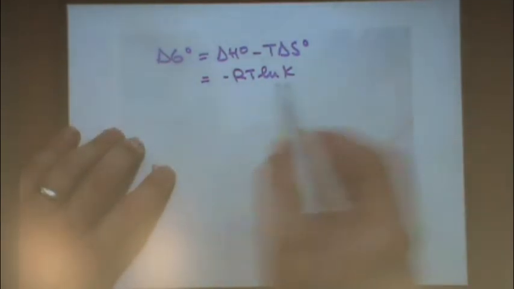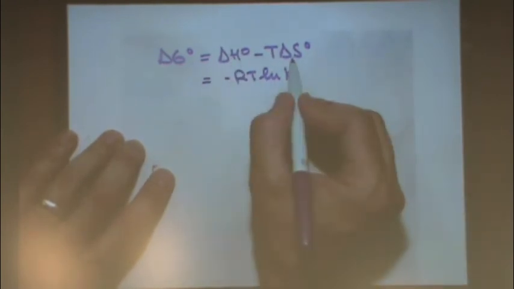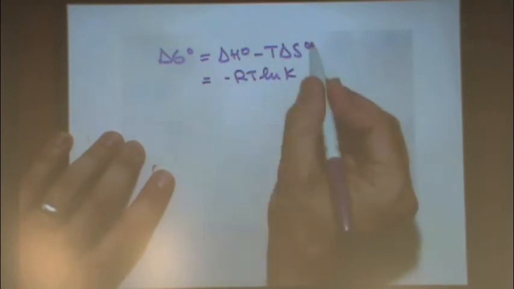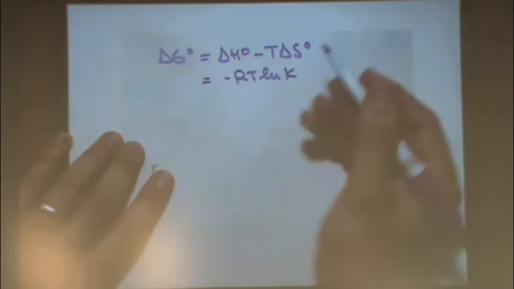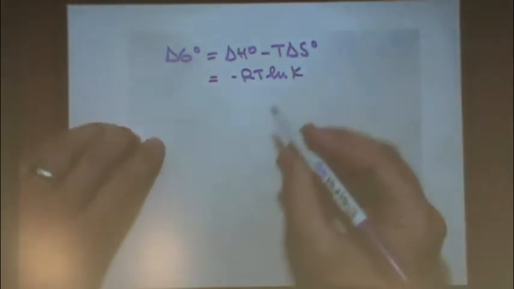One way this could go is I'm given information about, let's say, delta H and delta S, and I want K. So use this combo set of formulas to do that. You're basically setting the right-hand sides equal to each other.